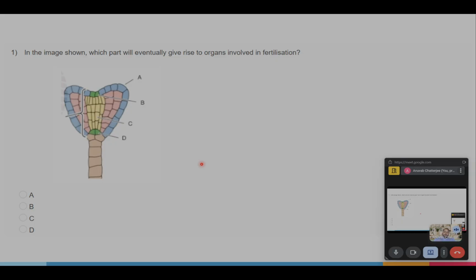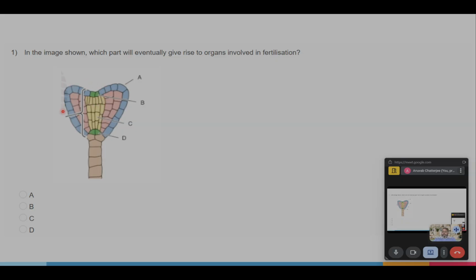question on plant development. The question is, in the image shown here, which part will eventually give rise to organs involved in fertilization? If you have been following the previous week's material, you would know that this is a developing plant embryo, and there are different parts to it which are labeled here, and the question asks which of these parts are involved in forming organs that this plant, after it grows up, will use for fertilization.